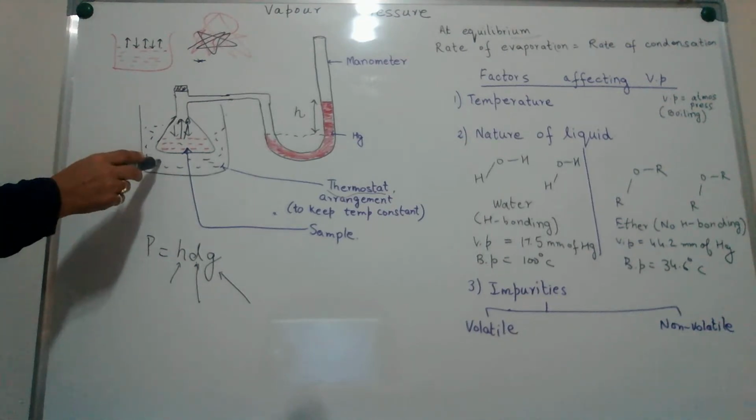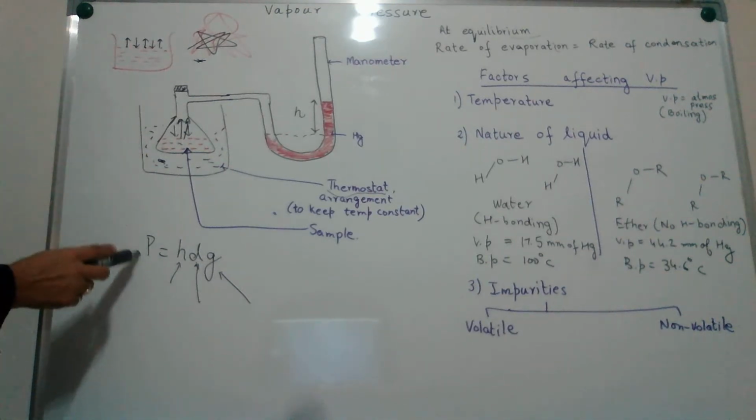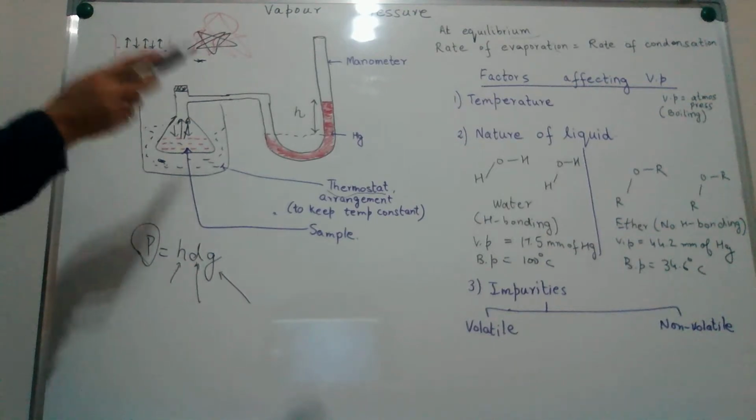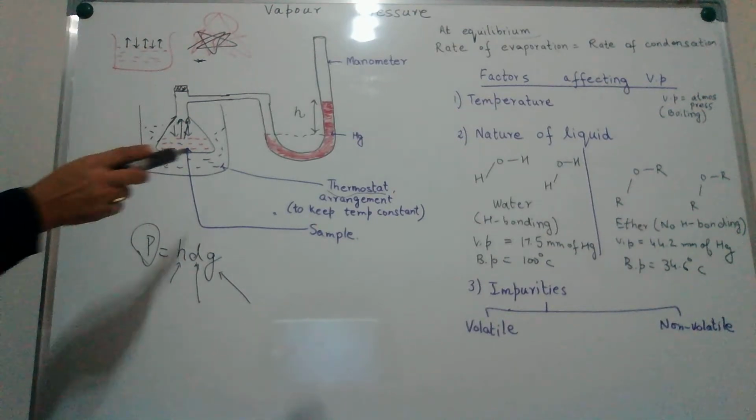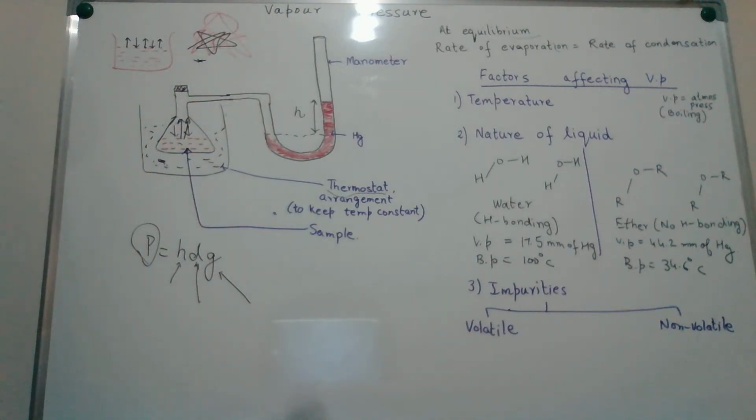Now, supposing I increase the temperature of this thermostat, we reach a stage where the vapor pressure P becomes equal to the atmospheric pressure. In other words, the difference of the two pressures comes to 76 mm of mercury under the standard conditions.